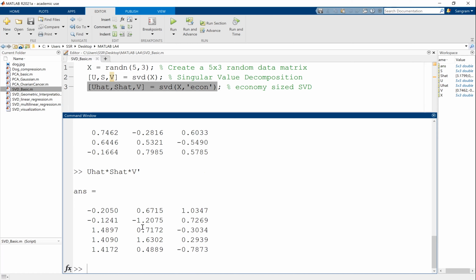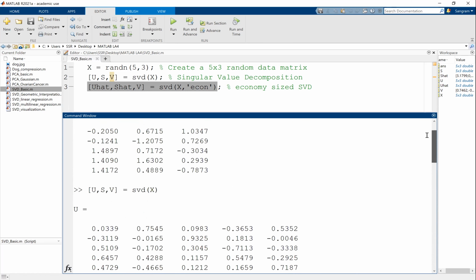And what this SVD is telling me is this guy has all the information contained in this guy.